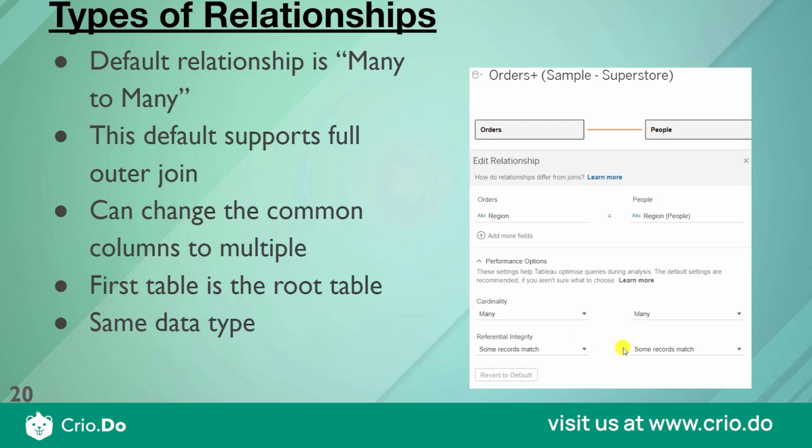Cardinality is uniqueness, that means the row uniqueness, in this case many to many. Referential integrity is a mapping point: whenever you use these two tables inside your visualizations, this referential integrity will play a part, and the default option for referential integrity is set to some records match.